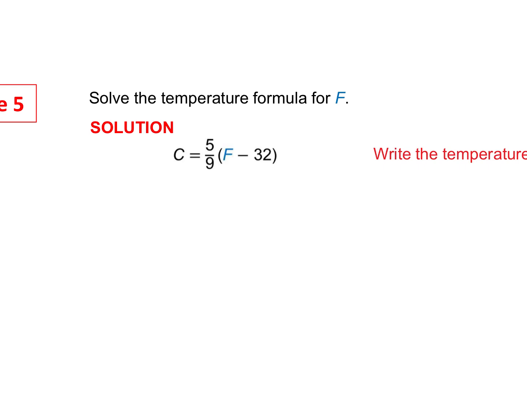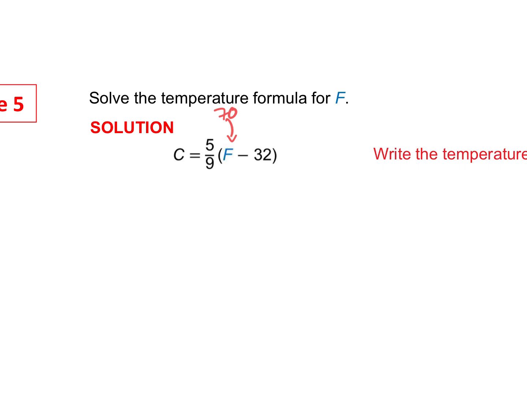We're given something in Fahrenheit. So let's say we have a temperature of like 60, 70 degrees. If you have 70 degrees, all you have to do is plug in 70 for F, solve this equation, and then you should get an answer for degrees Celsius.